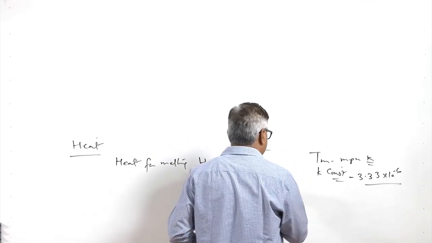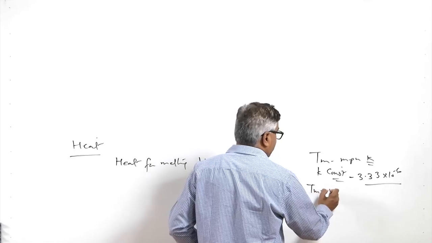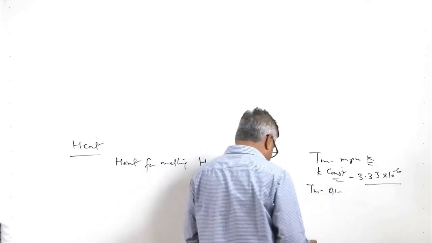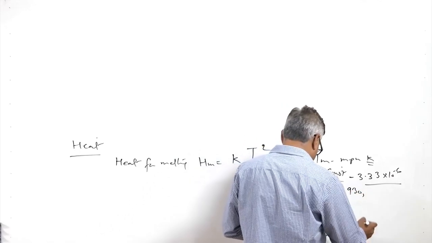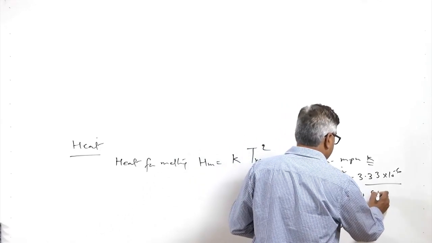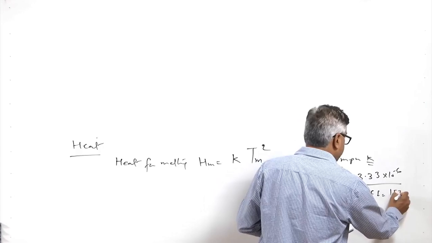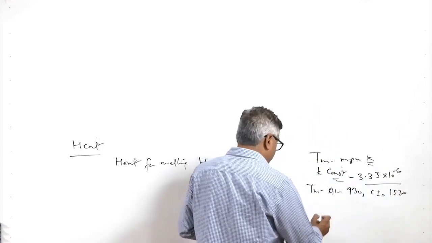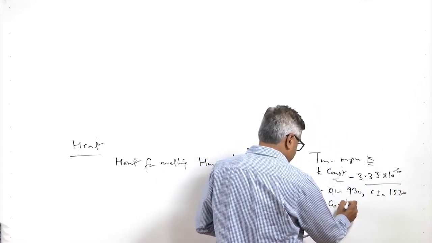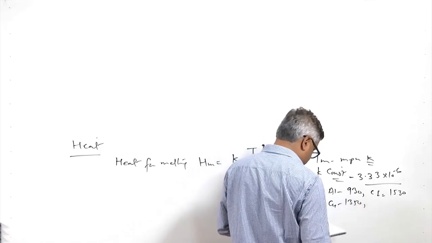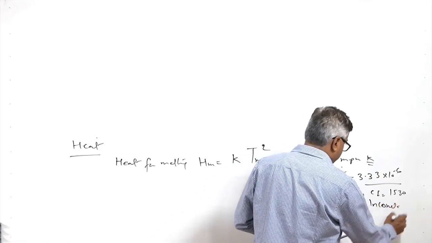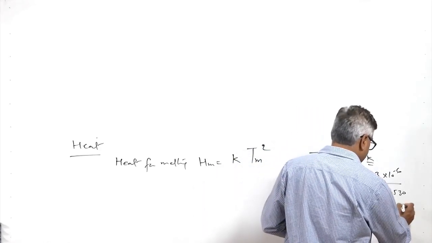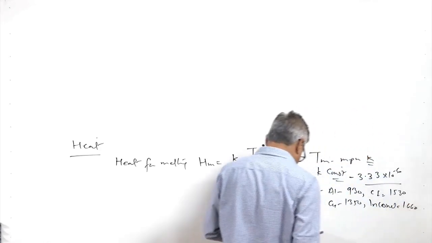The value of Tm, the melting point in the Kelvin scale, is considered 930 for aluminium. For cast iron it is 1530. For copper it is 1350. For Inconel, one of the very commonly used commercial metals, it is 1660.